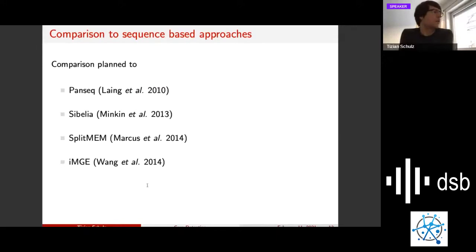And then there is an approach, IMGE, which does not predict the core but the accessory genome. The accessory genome is not all the parts of the pangenome that are shared between all the individuals, but only those shared by subsets. There are potentially more tools to compare against, so my literature review is not finished at this point.